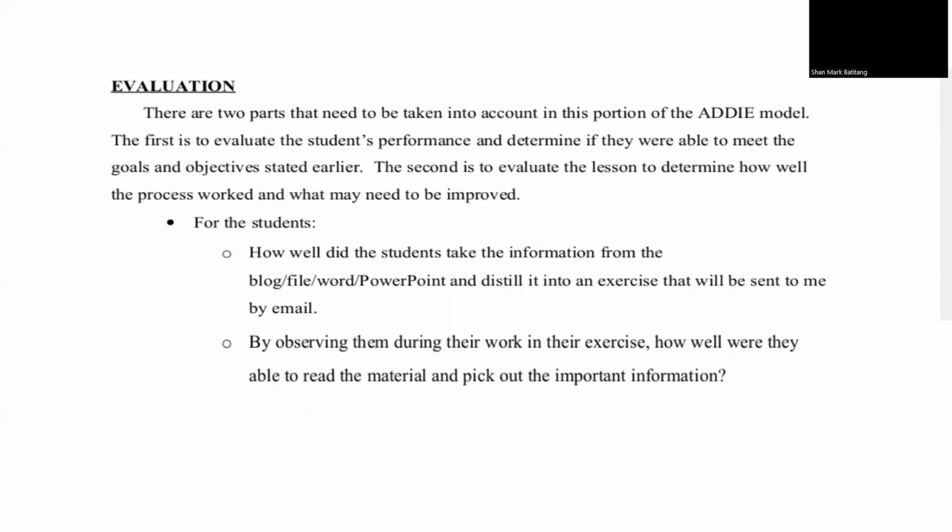For the students, how well did the students take the information from the blog, file, Word, PowerPoint, and distill it into an exercise that will be sent to me by email? By observing them during their work on the exercise, how well were they able to read the material and pick out the important information?